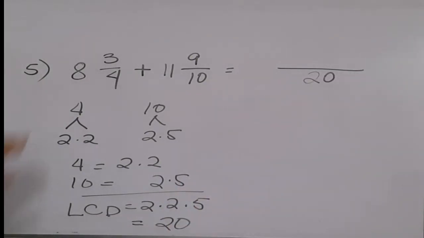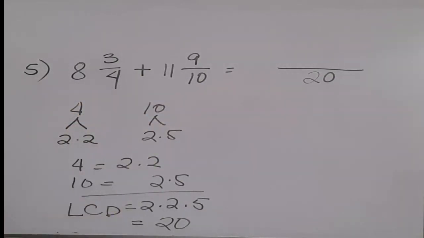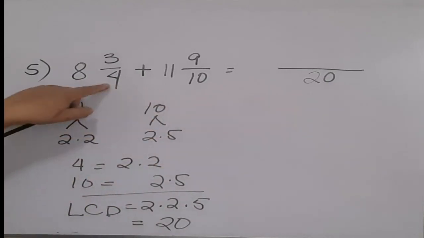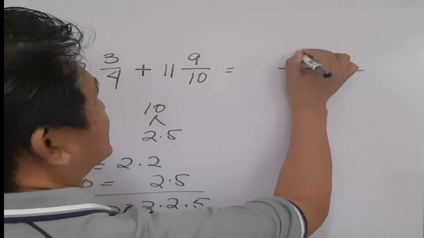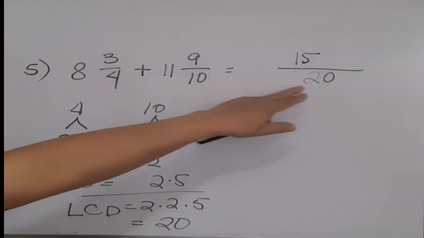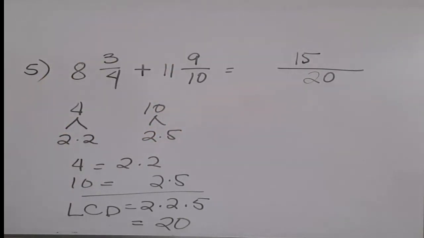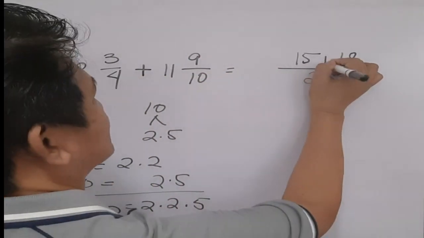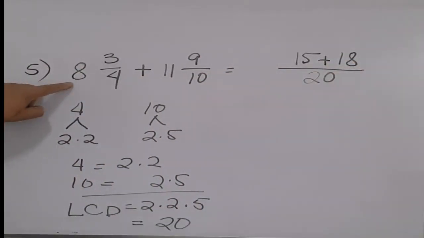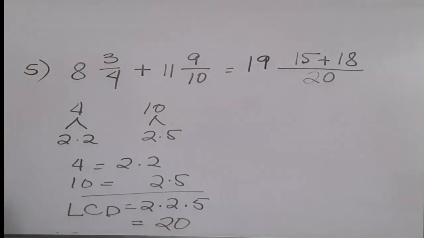Okay, muli. Huwag muna natin pakialaman ng 8 and 11. Dito muna tayo mag-concentrate sa fractions. So, 20 divided by 4 is 5. Times 3 is 15. 20 divided by 10 is 2. Times 9 is 18. Plus. And then we add 8 plus 11 equal to 19.